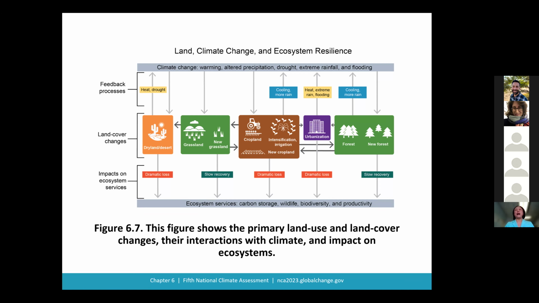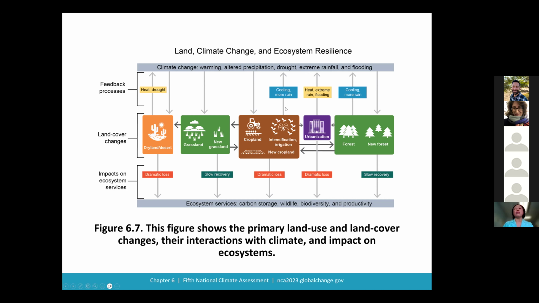And those black arrows between those different land types indicate the type of land cover changes or land use. And the gray arrows pointing up and down show the impact of feedback to the climate and the impact on the ecosystem.